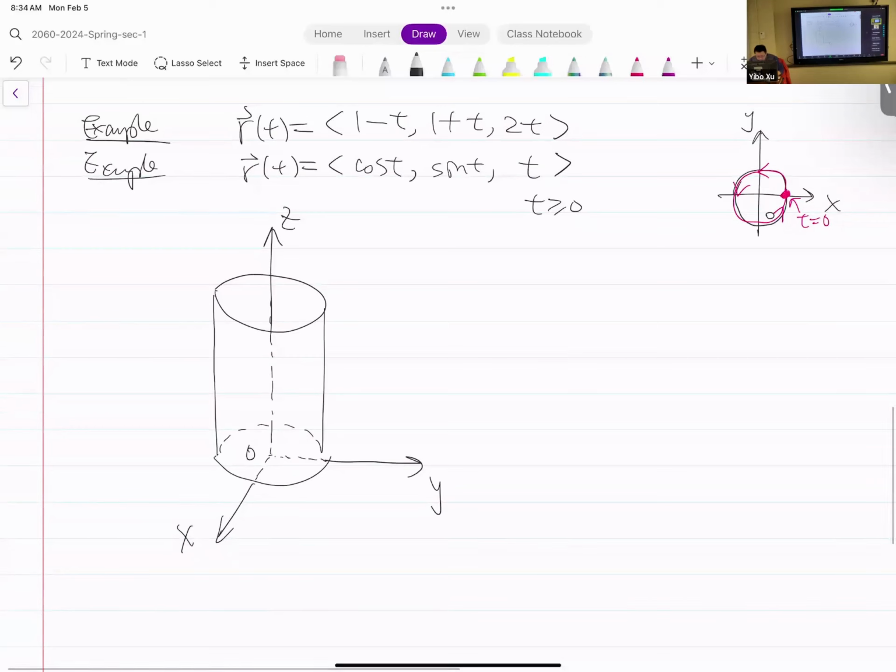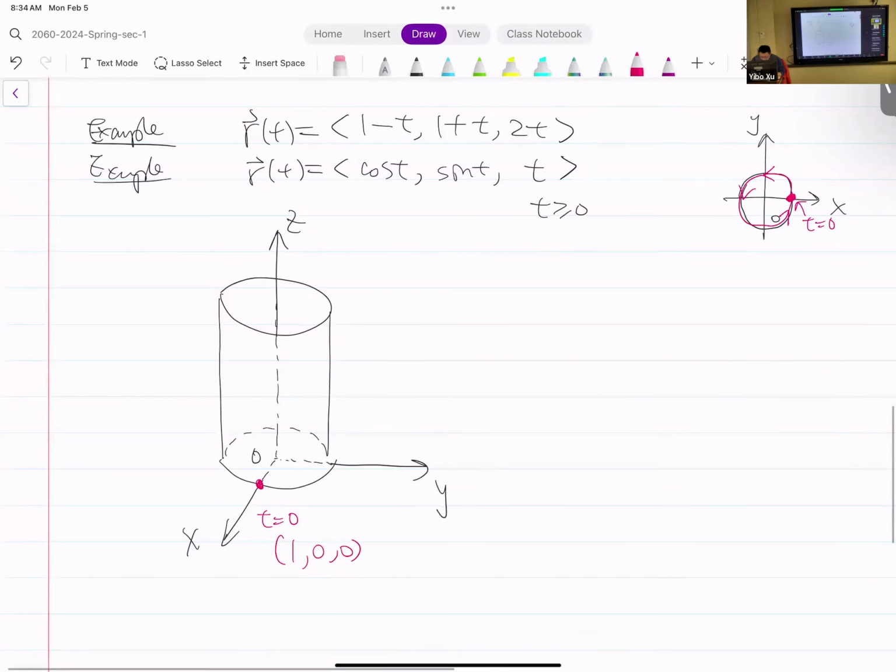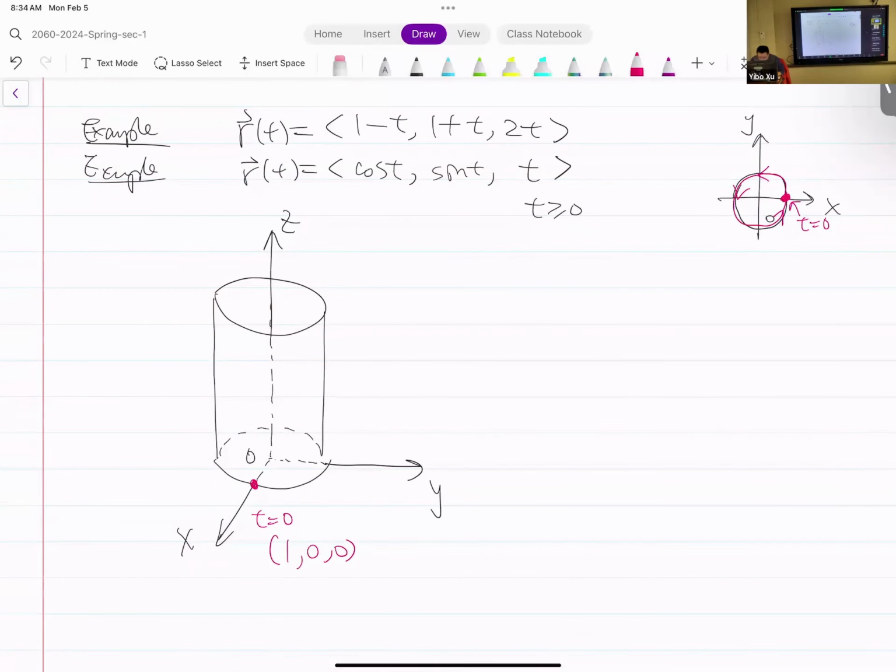Okay. But now, basically, what it does is that at first we are at t equals 0. We're at the point 1, 0, 0. Right? So now, when you increase t, we are just rotating within the xy plane. If you just do the projection down to the xy plane, it's going to be along the circle.